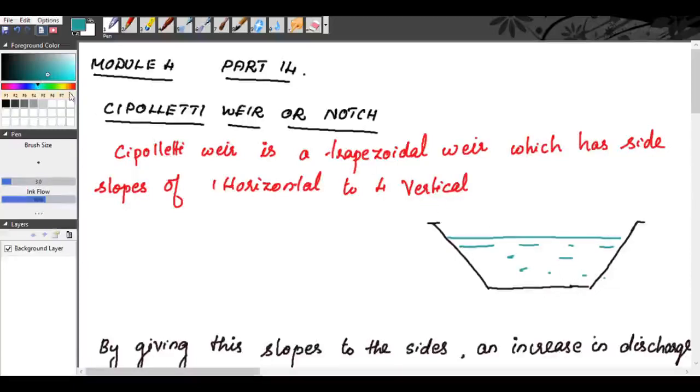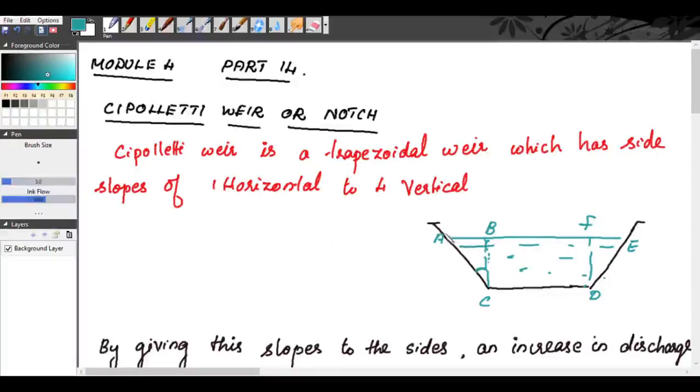If you draw triangles from this, we can drop down the triangles. We can mark the points as A, B, C, D, E and F. So we have a rectangular portion BCDF and two triangular portions ABC and DEF.